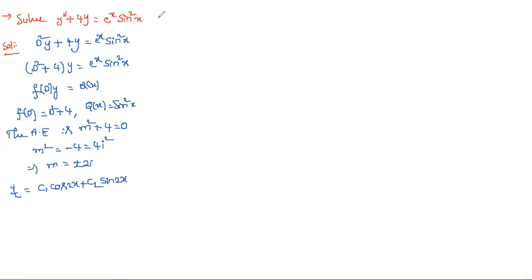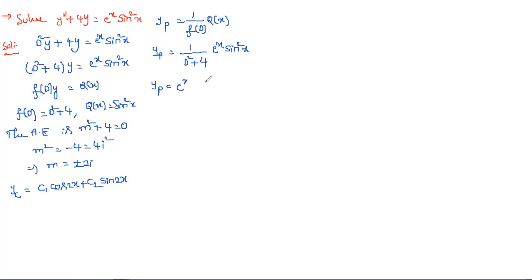So the particular integral is yp is equal to 1 by f(D) into Q(x), which is equal to 1 by (D squared plus 4) into e^x sin^2 x. This is a product of two functions, an exponential one and a trigonometric one. So what is the first step?